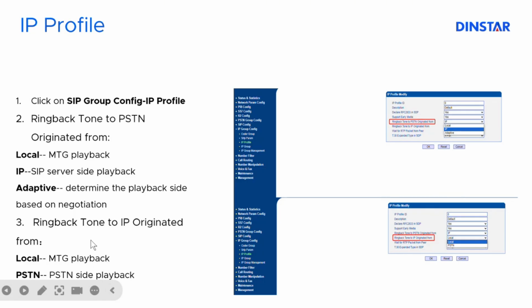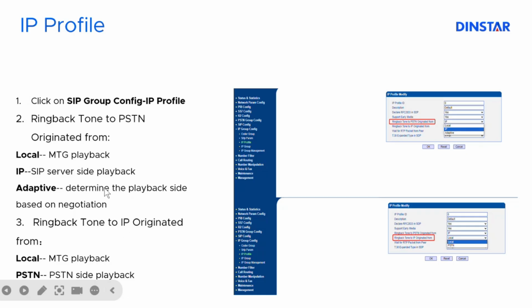So the local means the MTG plays a fake ringback tone. In general, it's better to let the caller side provide the ringback tone. But if it doesn't support the ringback tone, our MTG can generate a fake one. However, there's a limitation here, right? If the called party is unavailable, like powered off or rejected by the carrier, the caller may still hear the fake ringback tone from the MTG and won't know the real status until the call is disconnected.